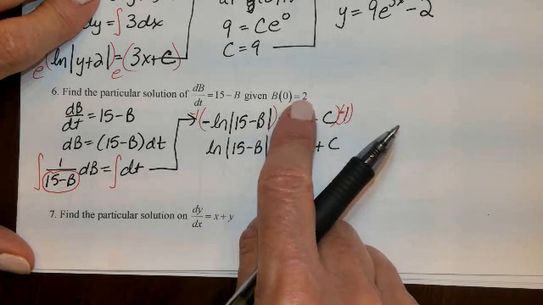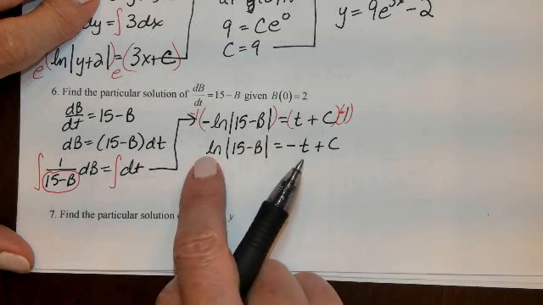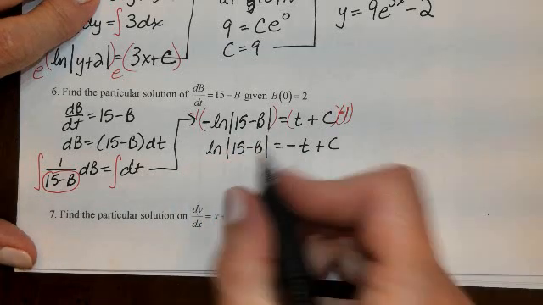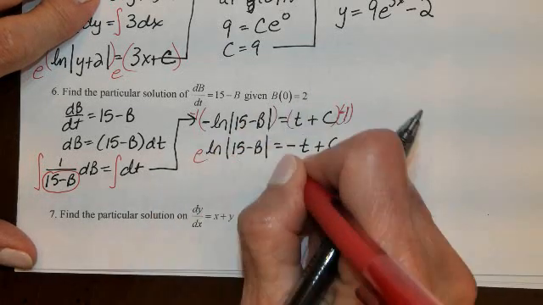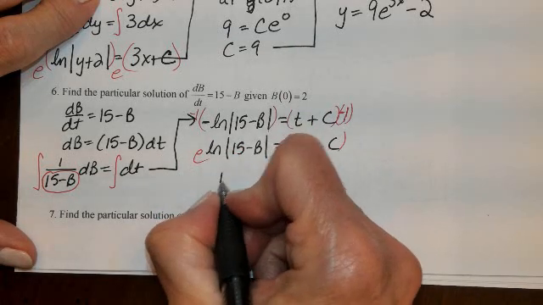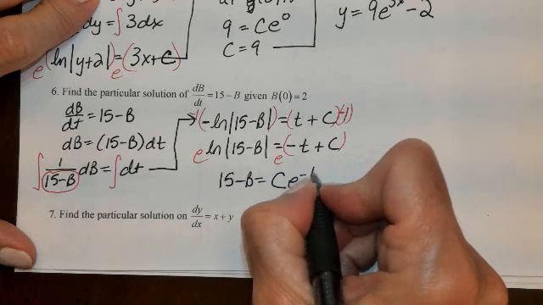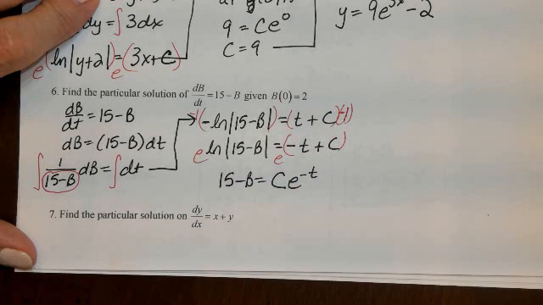Now I'm taking a look at my point. The b value is a 2. That does not give me a pleasant natural log, so I'm just going to go ahead and raise e to both sides. I can lose my absolute values and let the c absorb that sign.